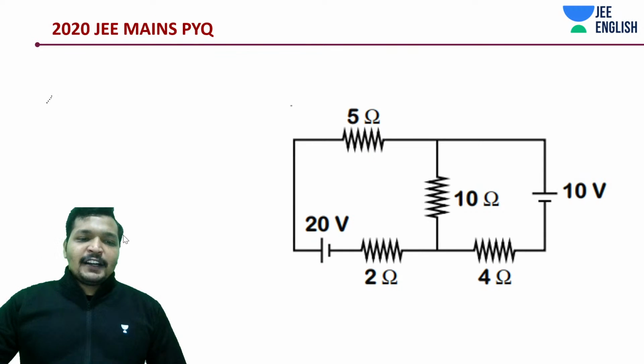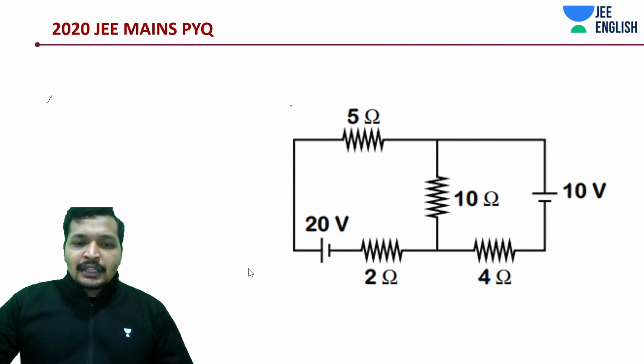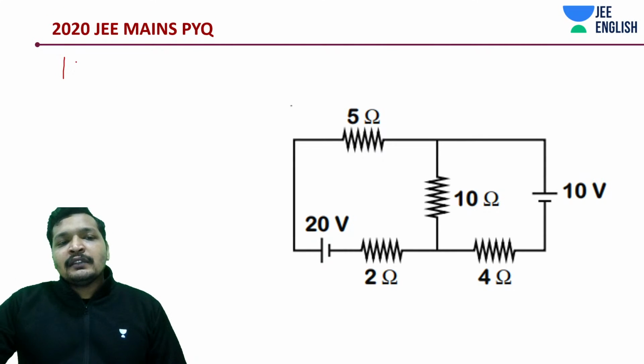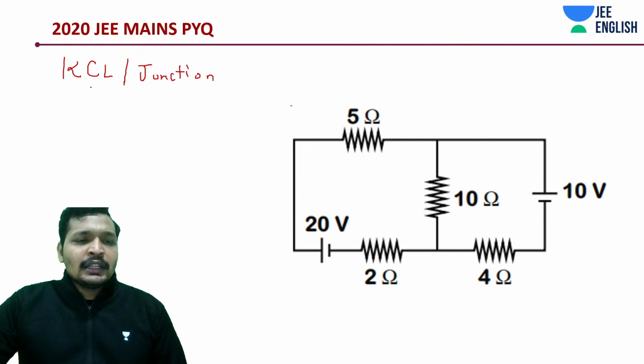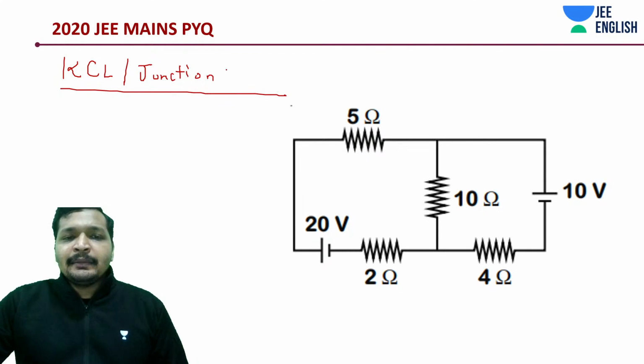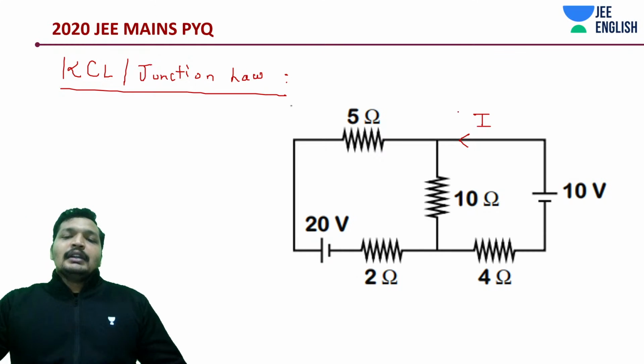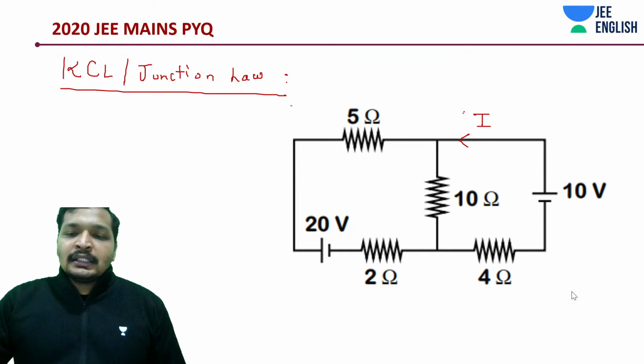First and foremost, assume 3 currents. So what are we going to deal with? KCL or junction law. First, every time, all the time, anytime, it should be junction law. Current I. Okay, you know the direction. I'm not going to take this direction. Why?